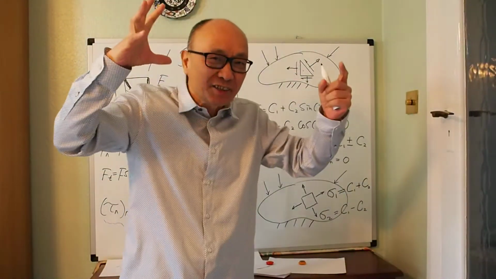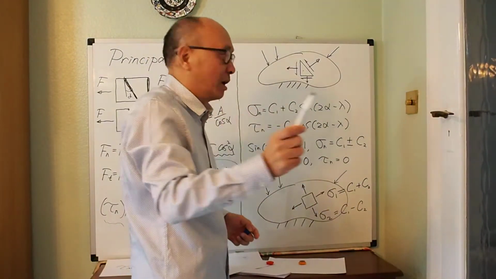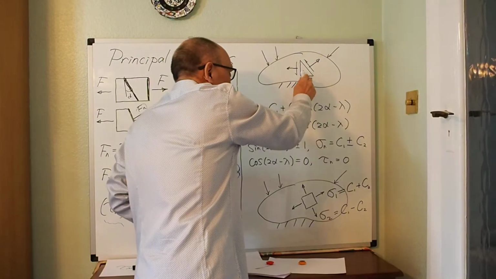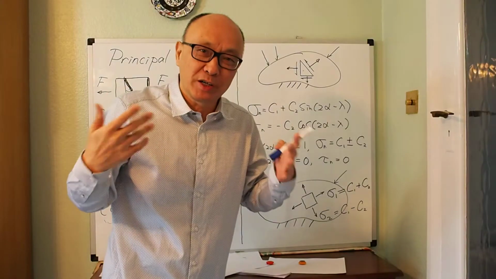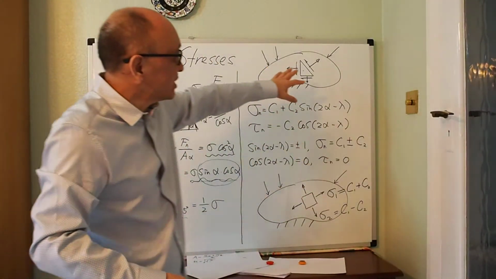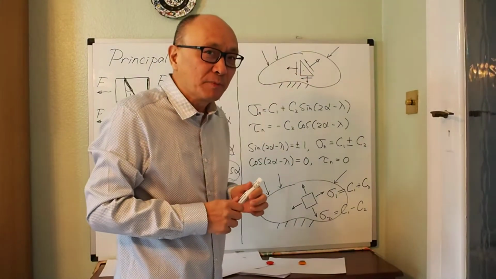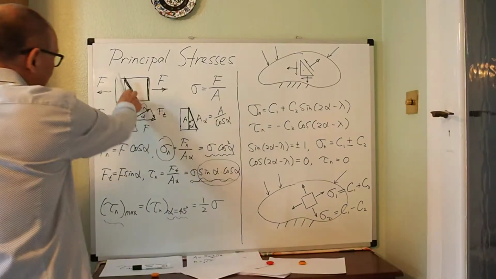So I enlarge that little triangle, but what I'm talking about is a point, and around the point I draw a triangle. I'm doing an imaginary experiment, a thought experiment, like what I did here. I isolate that triangle out.